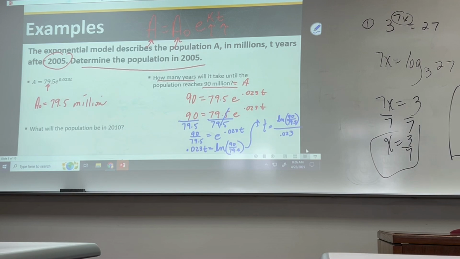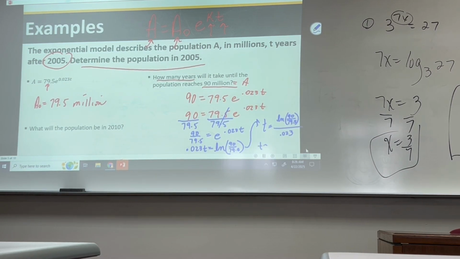So natural log, ln, that opens up parentheses. I'll do 90 divided by 79.5, then close parentheses. That's the end of the log argument. Then I need to divide all that by 0.023. Let's just round off to 2 decimals. What are y'all getting? t is about 5.39 years.